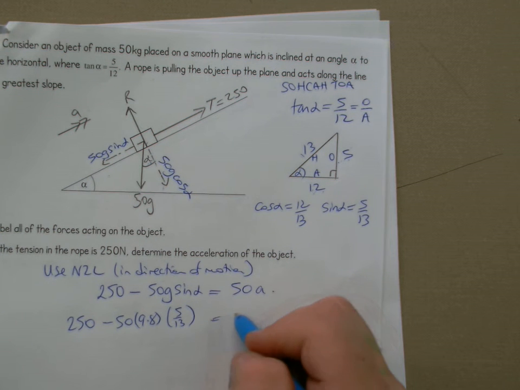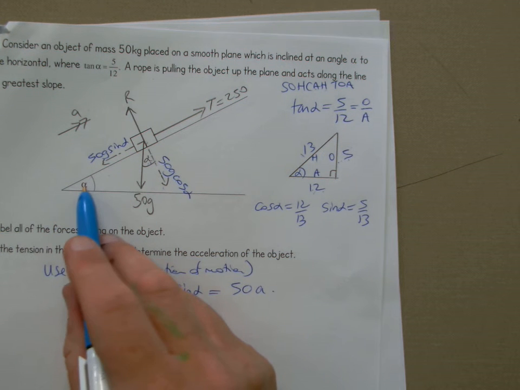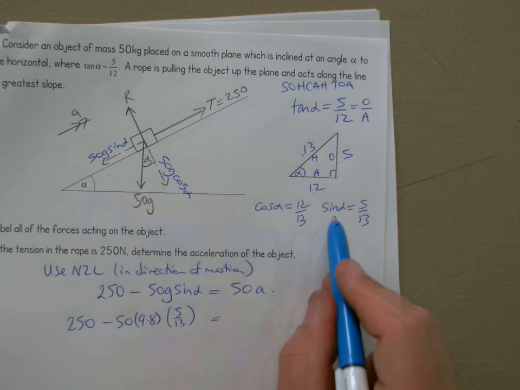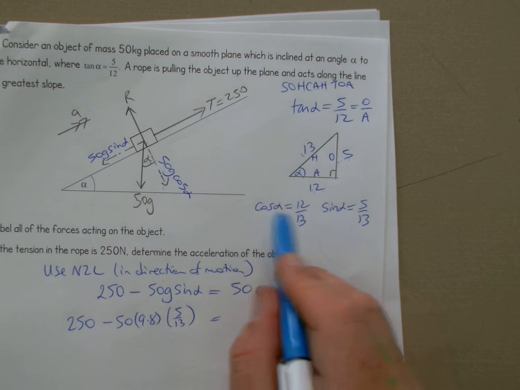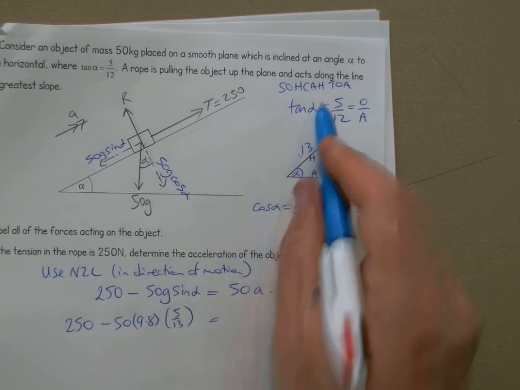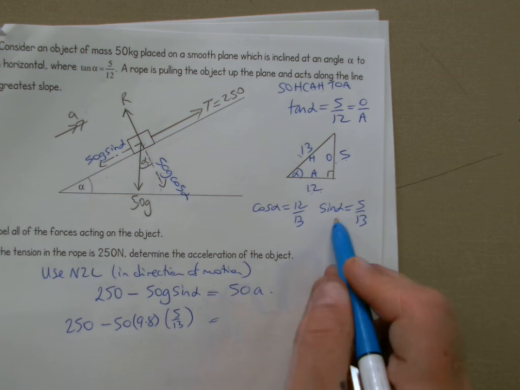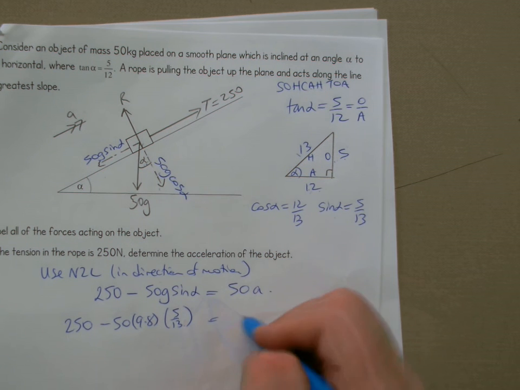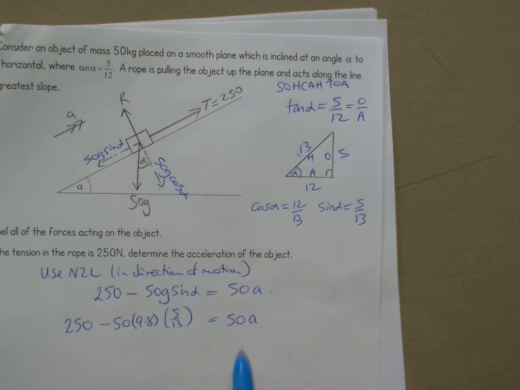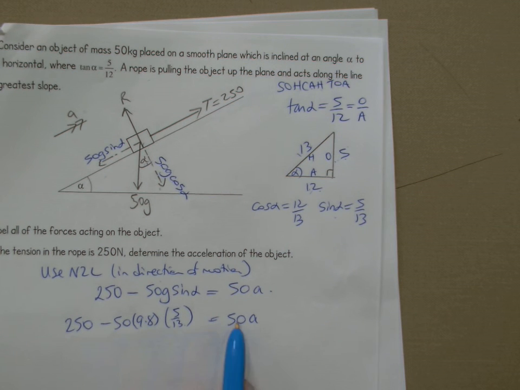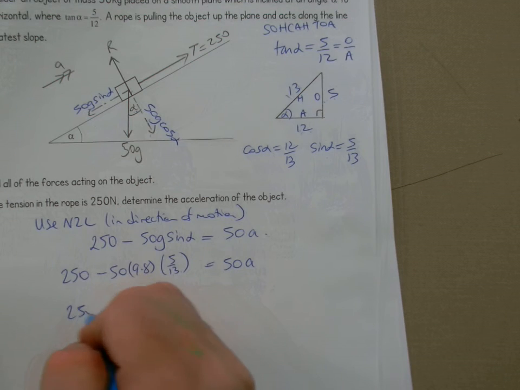So we're not actually dealing directly with the angle size there, we're just seeing what it is in terms of the sine ratio, cos ratio and the tan ratio. So because we got the sine ratio, we just put it in. And then all you've got to do is work that out and then take the 50 over and divide.